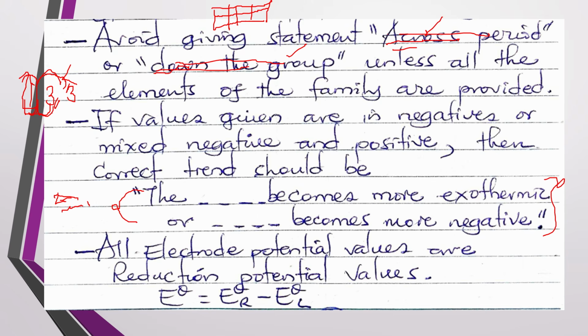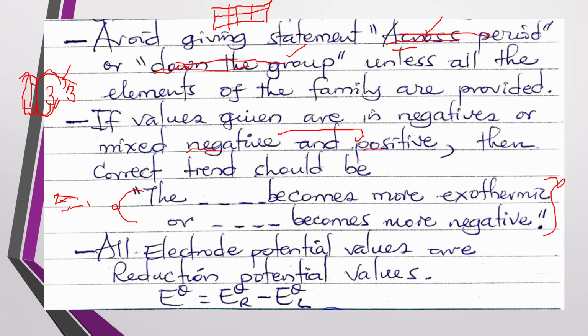If you have mixed values containing negative and positive values, those ones are energy changes. The one which is more negative evolves more energy, and the one which is more positive evolves less energy or even takes in energy. And this is very common when it comes to electron affinity.